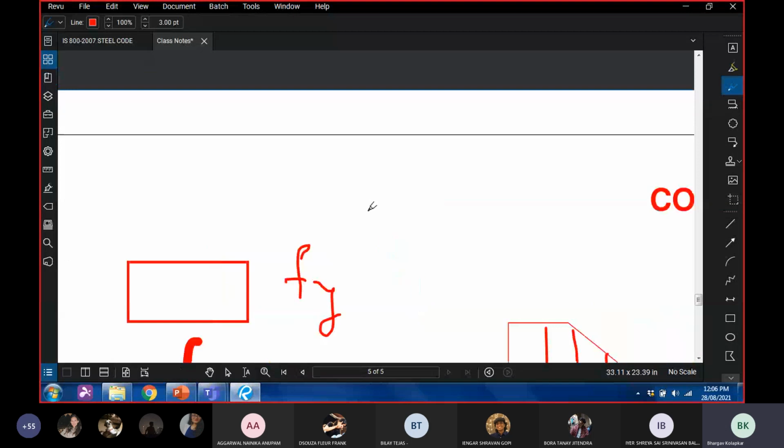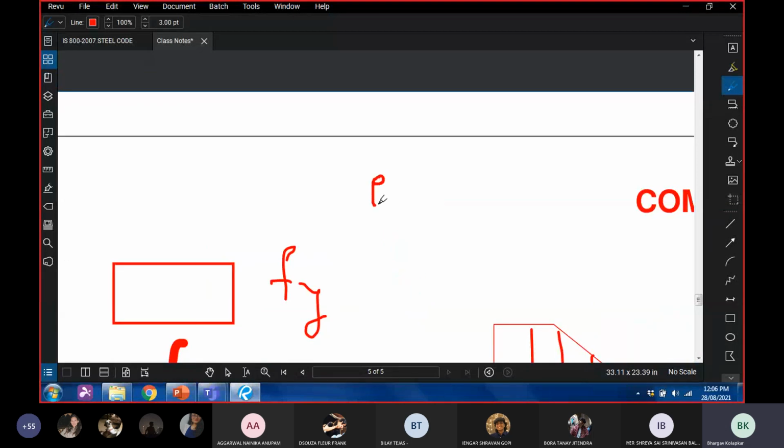So the formula is PCR is equal to pi square EI upon KL square.